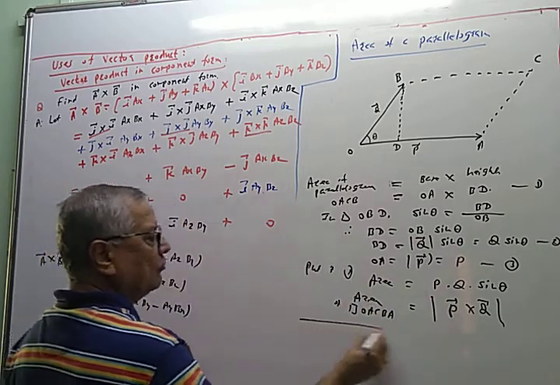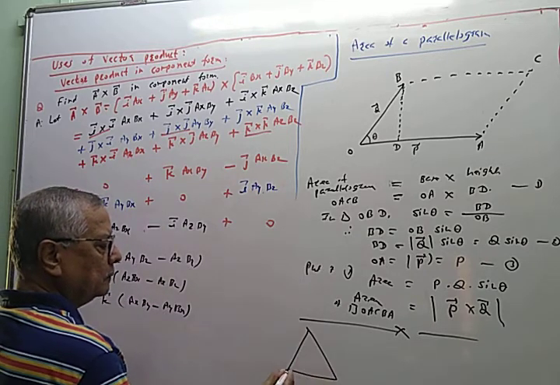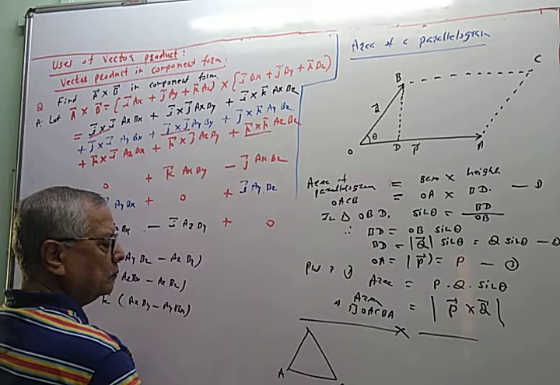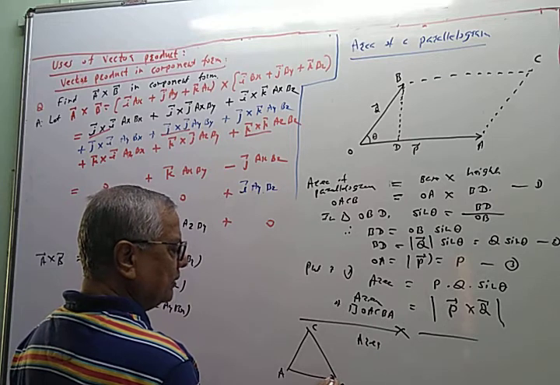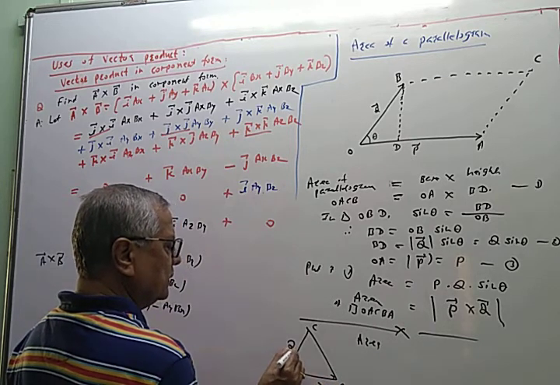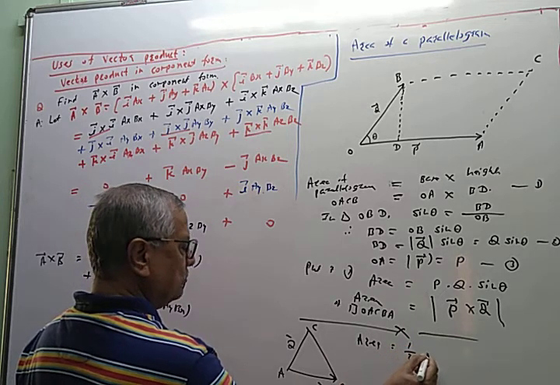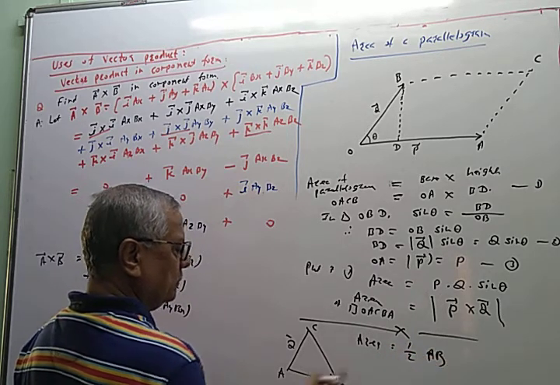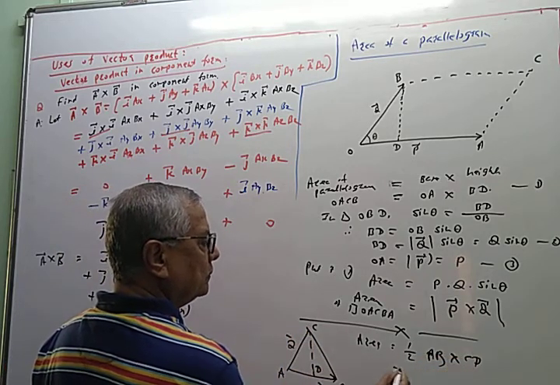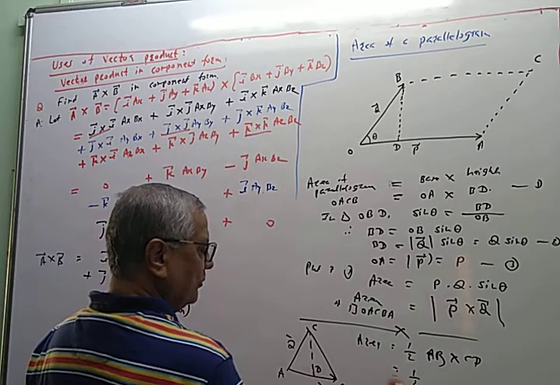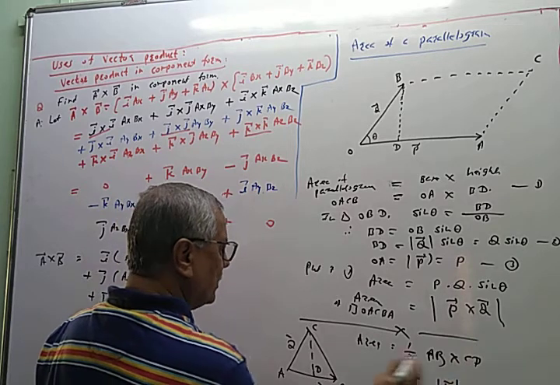Now, one more application. If we consider the triangle ABC, so in this triangle, if this is vector P, if this is vector Q, then area is equal to 1/2 base AB multiplied by height CD. So this is equal to 1/2. Vector AB is equal to magnitude of vector P. And what is CD?